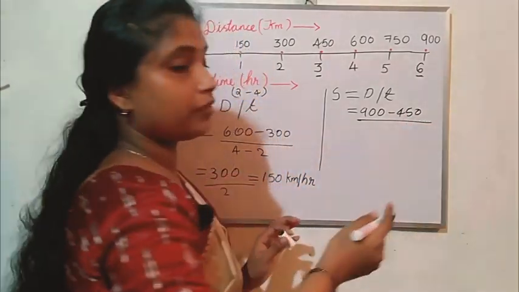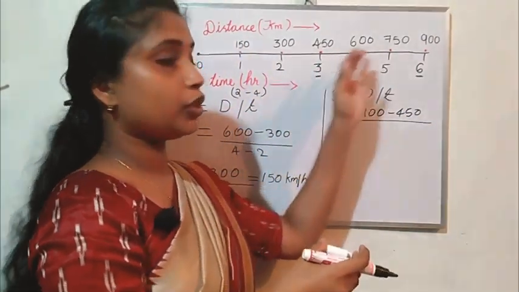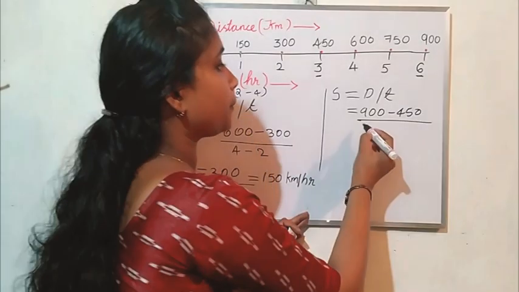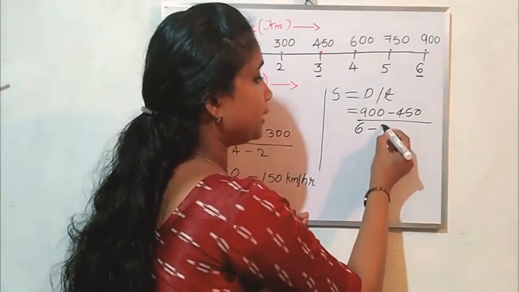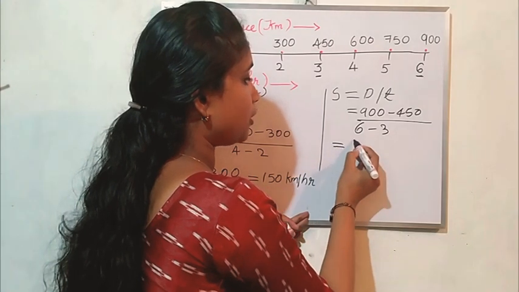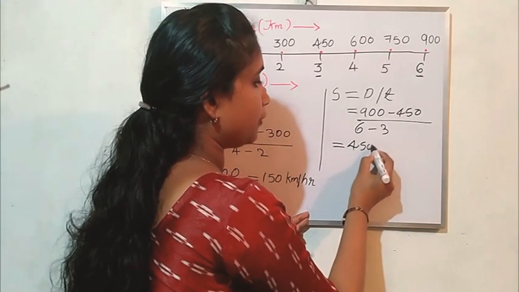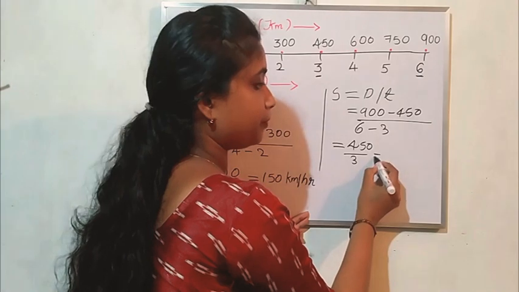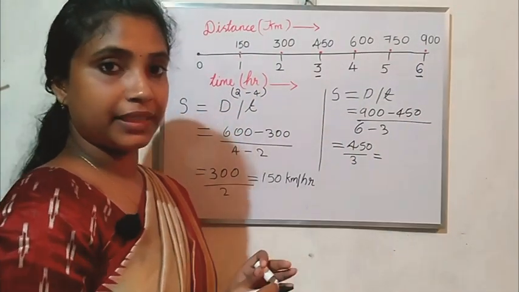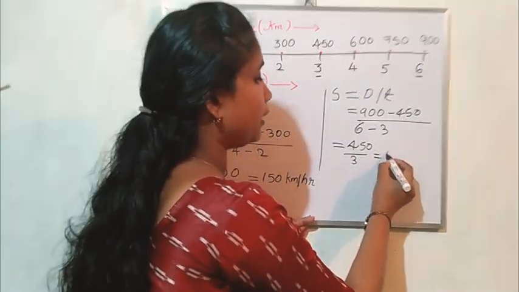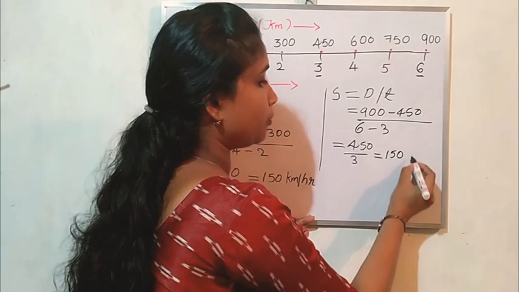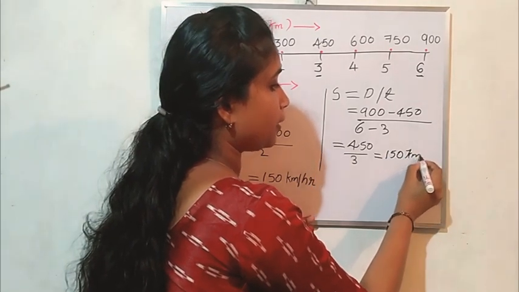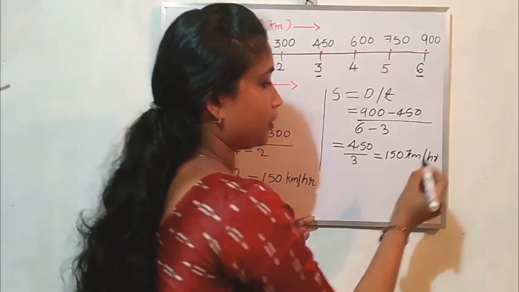So what is the time interval here? From 3rd hour to 6th hour, right? So 6 minus 3. Again it is 450 divided by 3. 450 divided by 3 is 150. Unit is kilometer per hour.